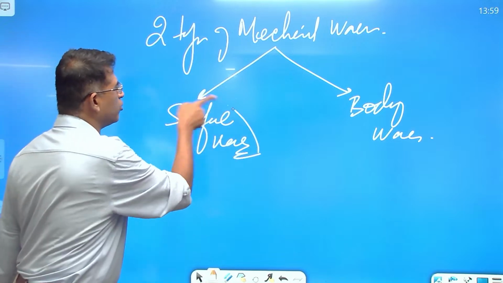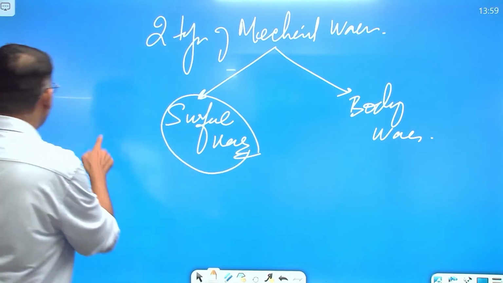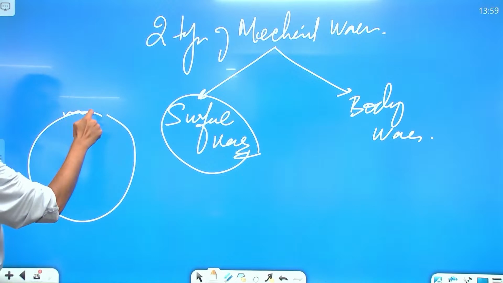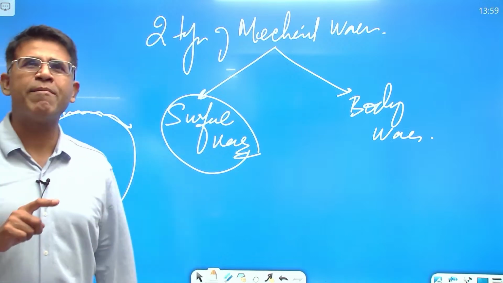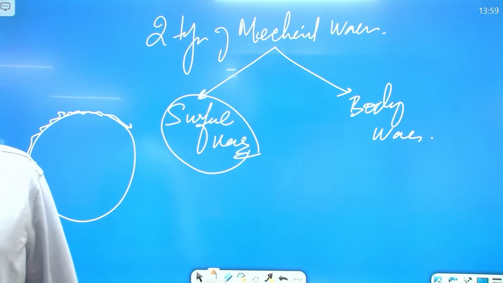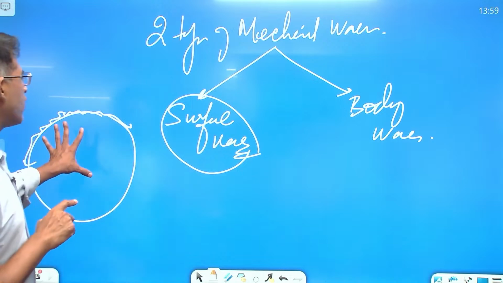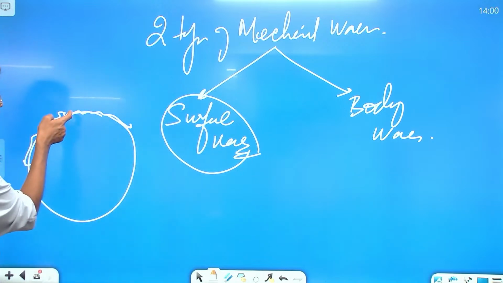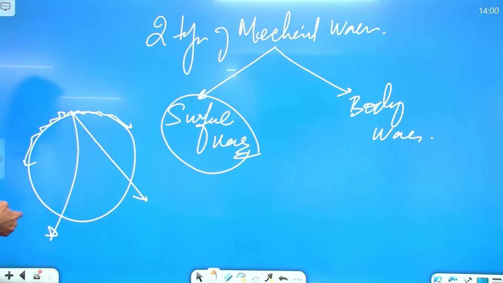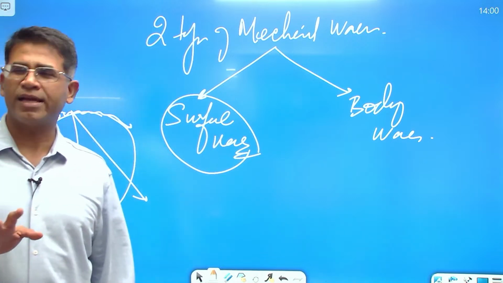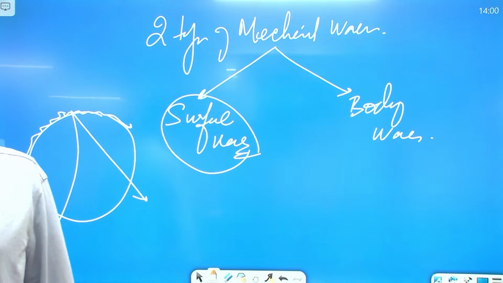Surface waves are those that move on the surface of the earth. We call them surface waves. And body waves are those which move through the body of the earth. So that's one type of classification.